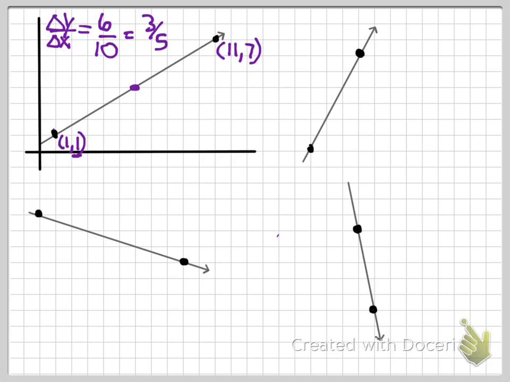Now, what if we had a general case? What if we didn't know the points, like the one on the top right here? They're just 2 points here. They can be anywhere in the graph, anywhere relative to the x and y axis. If we can just think, what is the change in y over the change in x, we can get away from slope formula. So, how much did we go up?